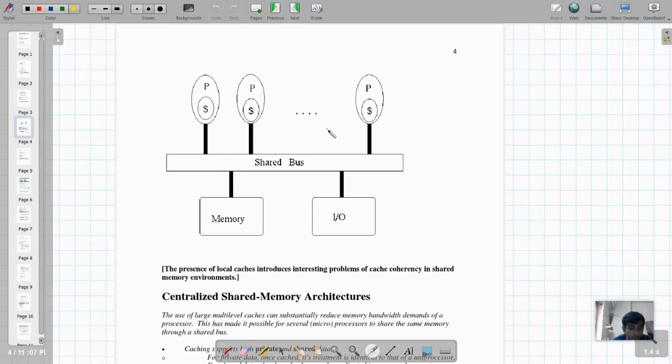For each computation, the processor has to access this global memory space. That means the bandwidth of this shared bus, this bandwidth in this channel, needs to be much larger because there will be frequent requests for memory access, which it needs to compensate.